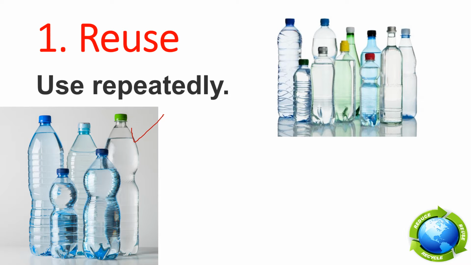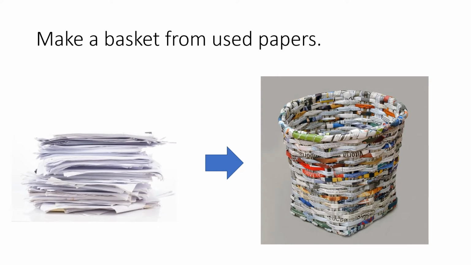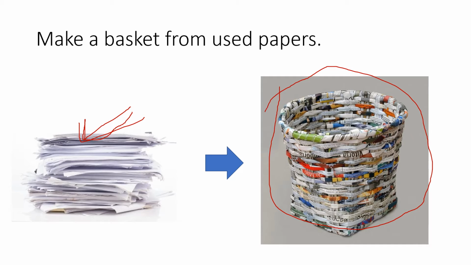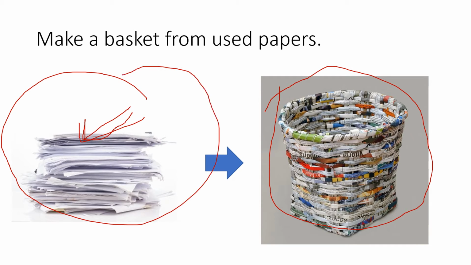Okay, reuse. Another example of reuse is this one. We have here a bulk of papers. Used papers. This is already used. And out of this paper, we can make a basket. See? We can make a basket out of this paper.